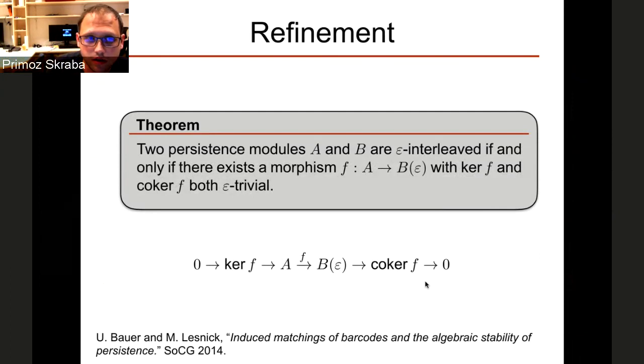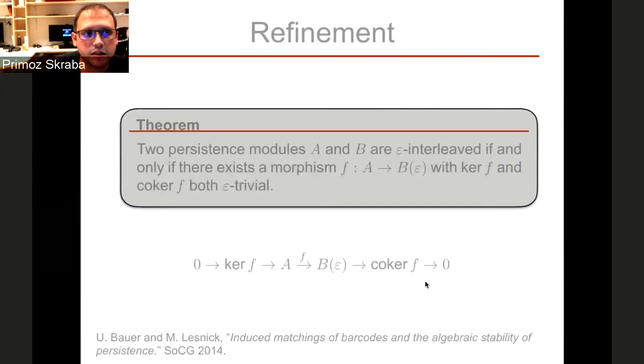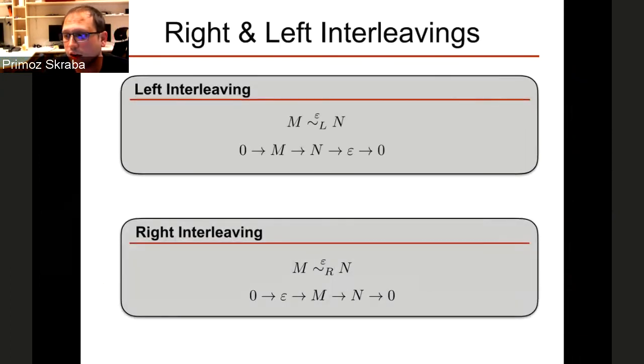We're going to think about it slightly differently in that we're going to define rather specialized types of interleavings. We call these left and right interleavings. Essentially, we say that a module M is epsilon left interleaved with N if there exists a short exact sequence such that the last non-zero term is epsilon interleaved with 0.